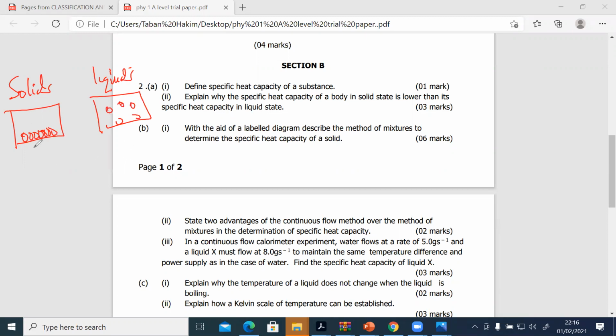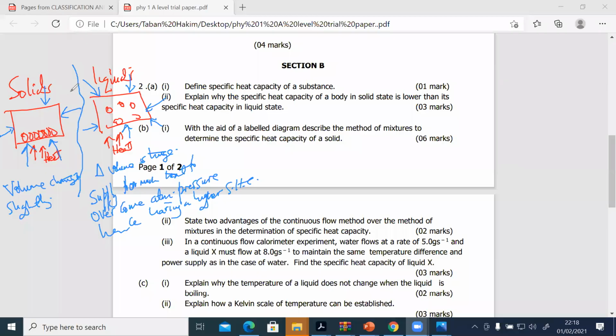So meaning that in case you are to supply the heat, because of this distance between the molecules in liquid state, the heat takes a longer time to reach the other molecule, and therefore the specific heat capacity of solids is bigger than the specific heat capacity of liquids. Okay, that is one reason. Any other reason that you can think of?